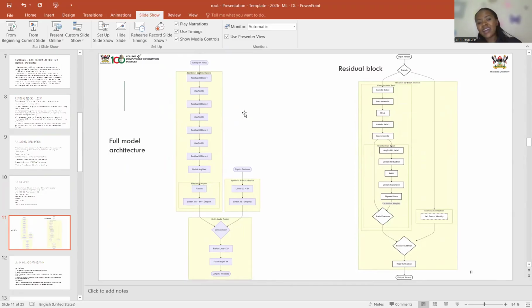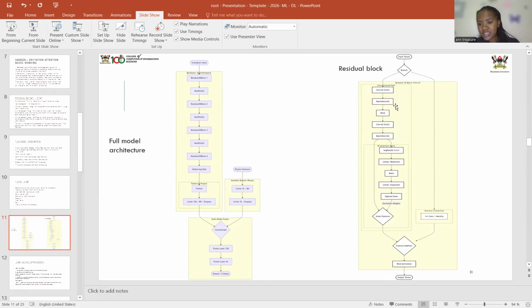Before the linear layer, we must first flatten the features. So a three-dimensional feature will be flattened into a one-dimensional array, and then it's fed to the linear layer. At this stage, we see that it's where the physics features are added. They are concatenated and then put in the fusion layer, and then the 3 classes are produced.